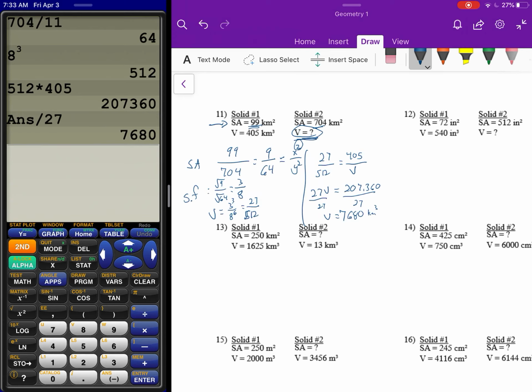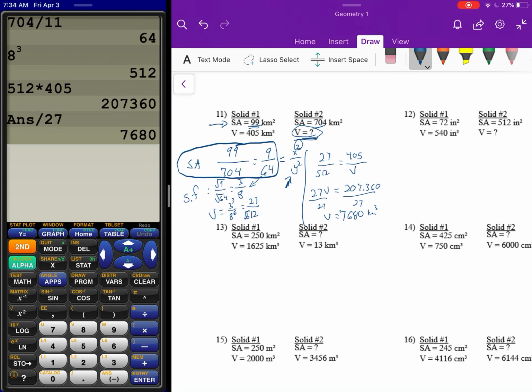All right, so let's just recap that. What we did is we found the ratio of the two values that we knew. So in this case, it was the surface areas. Once we found that ratio, because surface areas are the scale factor squared, we took the square root of that to find the scale factor.